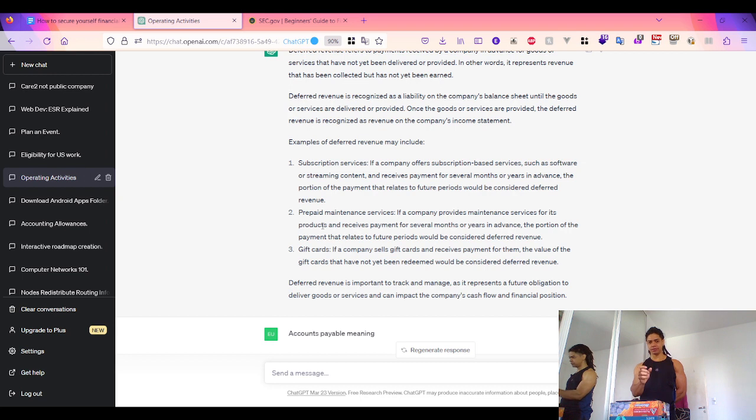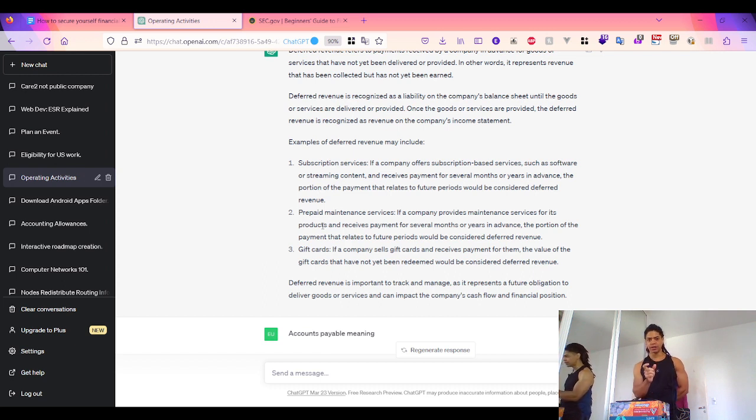Accrued expenses, on the other hand, are expenses or obligations that a company expects to pay for good and service that have been received but not yet paid for. This is more general, such as salaries and wages, rent, utilities, and taxes.